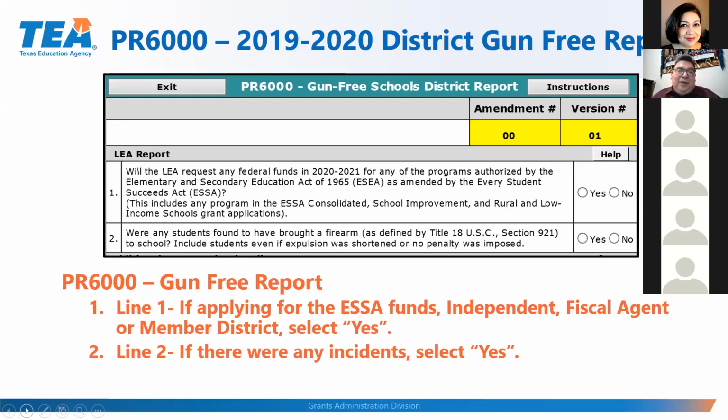If you mark no, then you just complete the bottom and submit the form, you're done. If you mark yes, the campus report should show up underneath the district report, so you can select a campus to include that information.